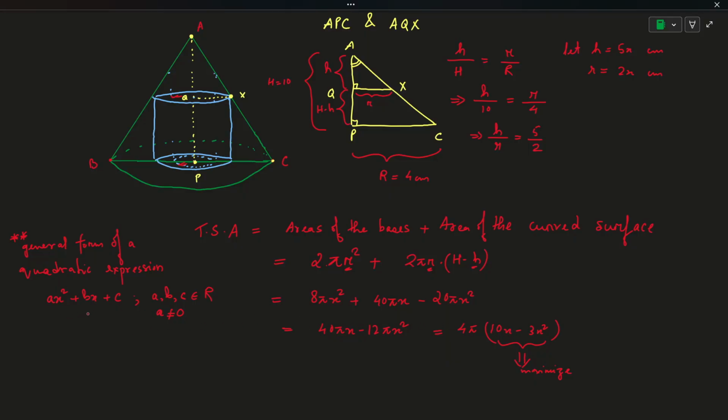In order to maximize a quadratic expression, you learn this in quadratic equations, linear equations and quadratic equations. I will just tell you the result here. The result is that for this entire expression to be maximum, a has to be less than 0, that is the first condition.